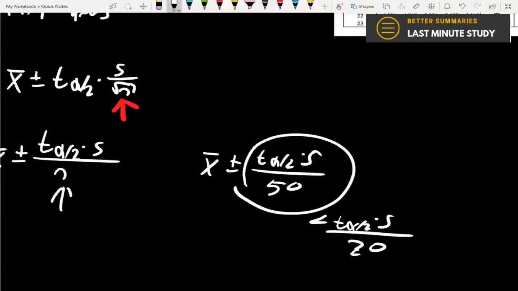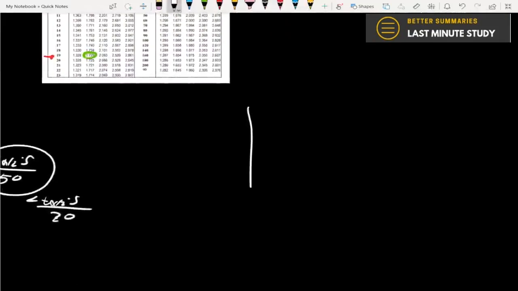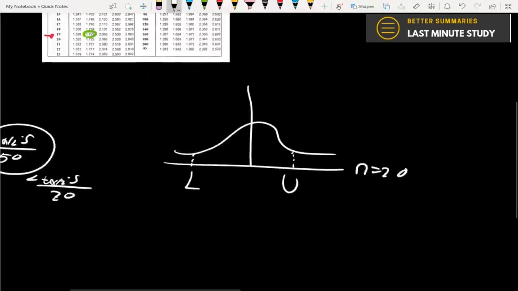So what happens when we increase the sample size? We're getting boundaries closer to each other. Suppose we had here the lower limit and here our upper limit, in the case n is 20, and now the case n is 50.